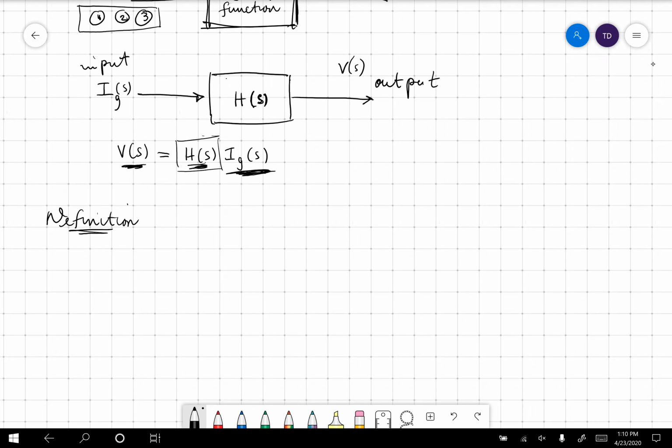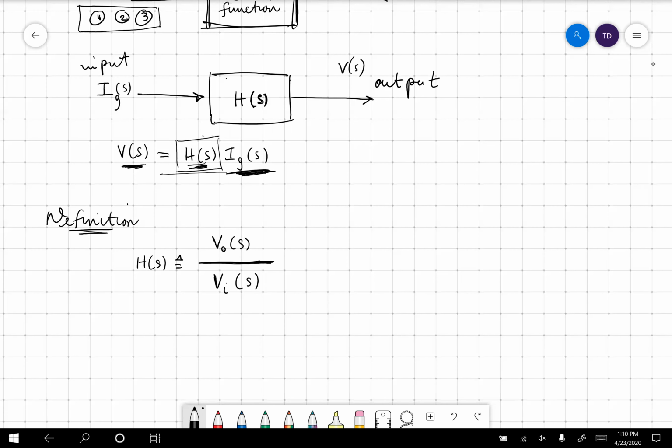There's one more piece that's a little bit more than this equation here. So we use H of S. Everybody uses H of S. It is defined to be the output function divided by the input function. I'm going to use a voltage, but I want you to understand it could be a voltage or it could be a current. So an output divided by an input.